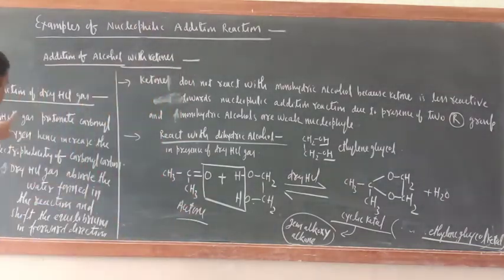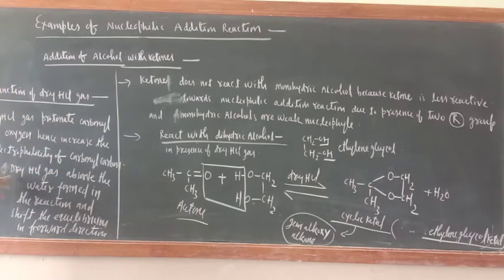So here dry HCl gas protonates the carbonyl oxygen, hence increases the electrophilicity of the carbonyl carbon, which means it facilitates the attack of the nucleophile easily on the carbonyl carbon. So the first function is to protonate the carbonyl oxygen.